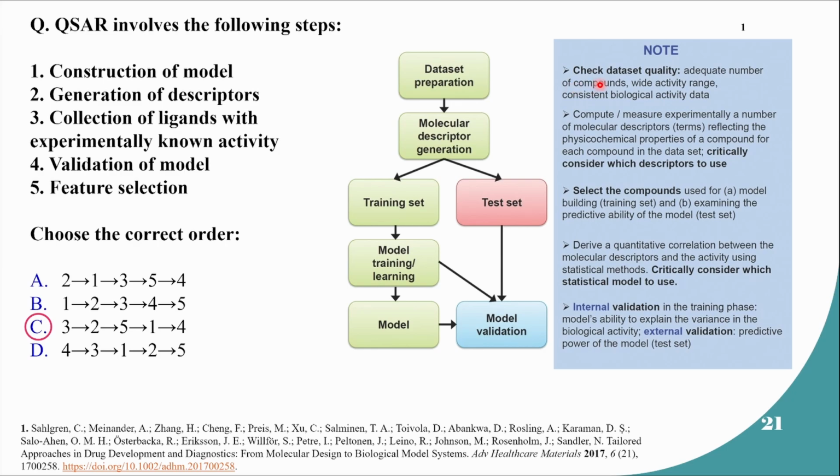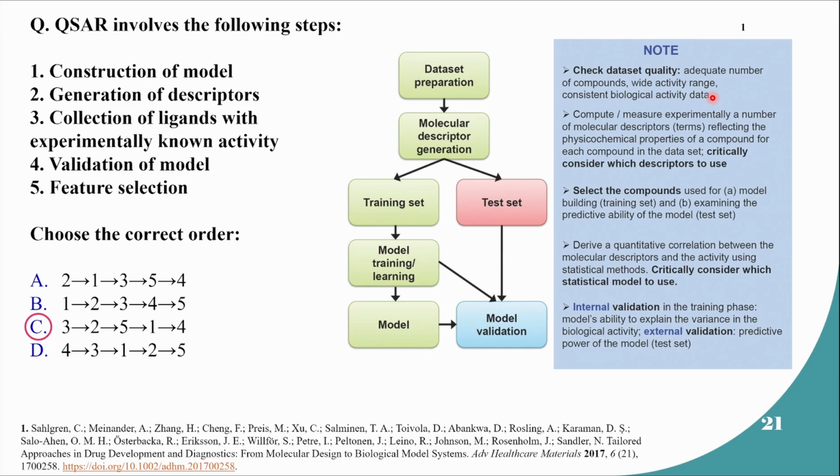But yeah, in this note on the right hand side, you can see that the particular data set that you want to use for generating the QSR models needs to have an adequate number of compounds with wide activity range and consistent biological activity data. So adequate number of compounds are needed because you want to get statistical significance. Wide activity range will allow you to basically classify that, okay, this type of ligand is associated with this type of activity.